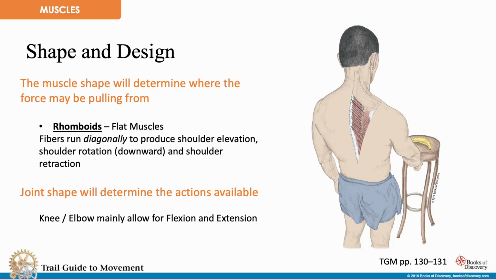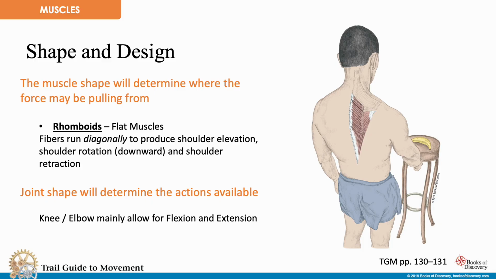But it's not just the muscle, the joint shape matters too. You can have the strongest muscle in the world, but if the joint is a hinge like the elbow or knee, it's mostly only going to allow for flexion and extension. The muscle has to work within the limits of the hardware it's attached to.